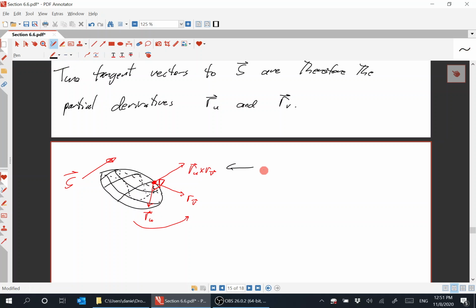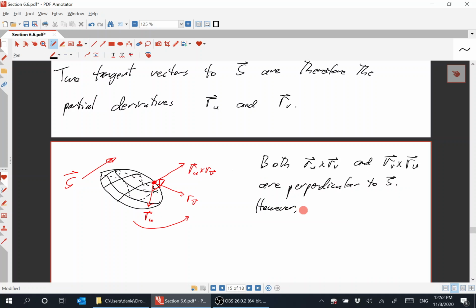So RU cross RV, so either RU cross RV is perpendicular to this, or RV cross, well, both RU cross RV and RV cross RU are perpendicular to S. However, only one of them points in the same direction.